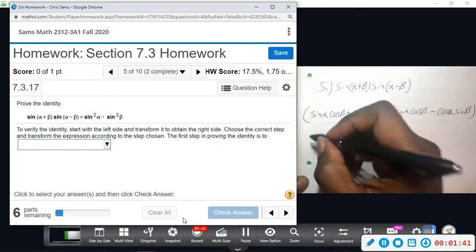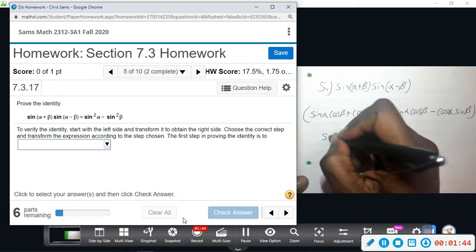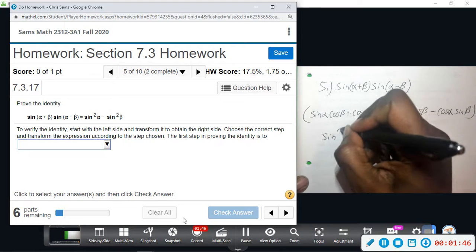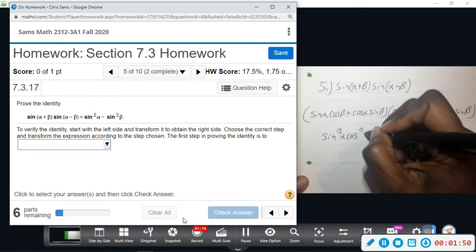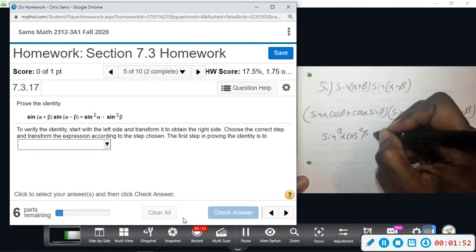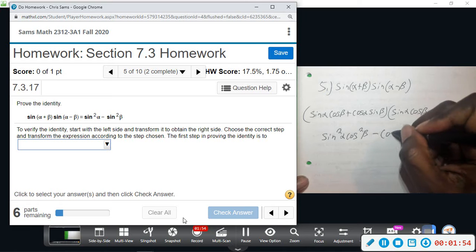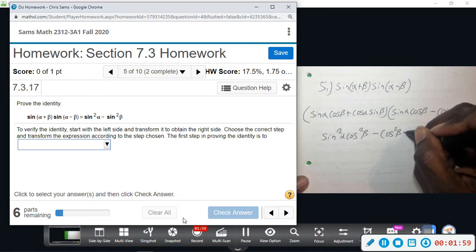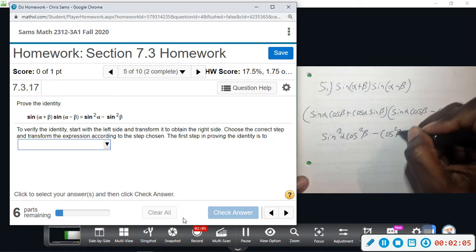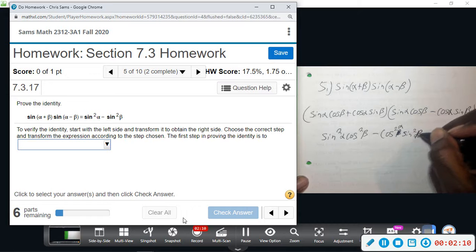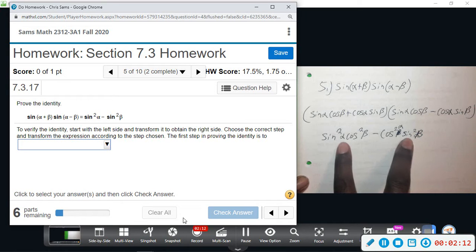So what that means is we will have sine squared alpha cosine squared beta minus cosine squared alpha sine squared beta. I just wrote the same thing twice. Okay, this is what we get when we do our difference of squares.